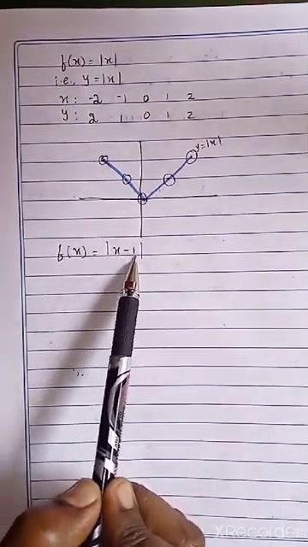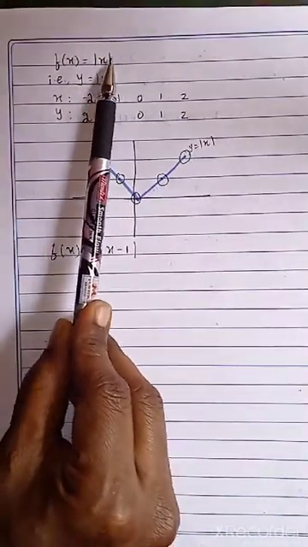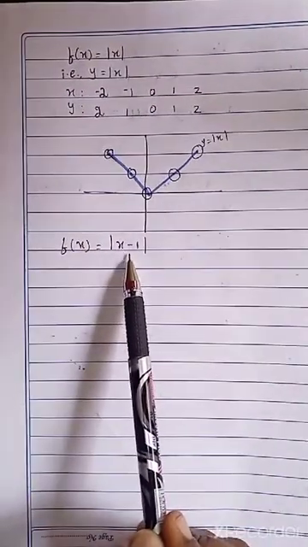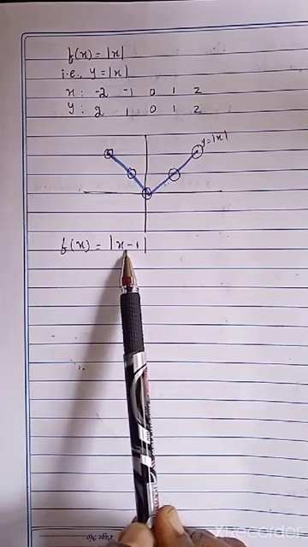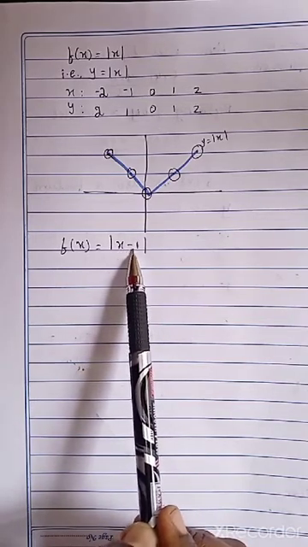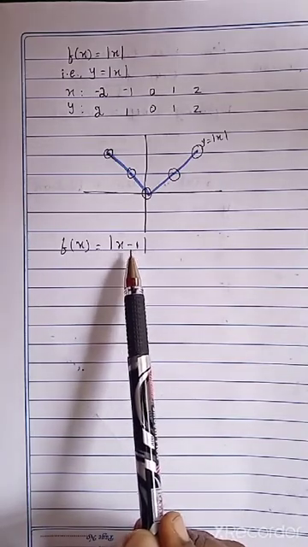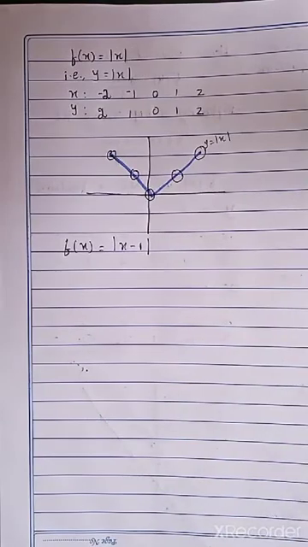In mod x minus 1, inside the modulus, we subtracted 1. If we add or subtract inside the function, what do you have to do? Move left or right. In subtraction, you have to move the graph to the right. Correct?